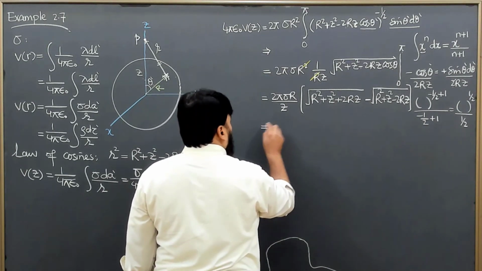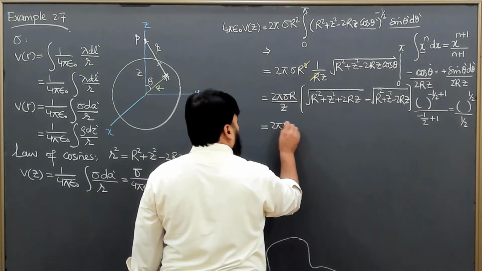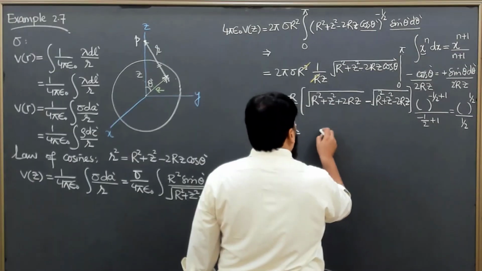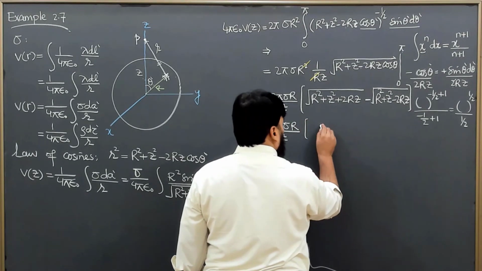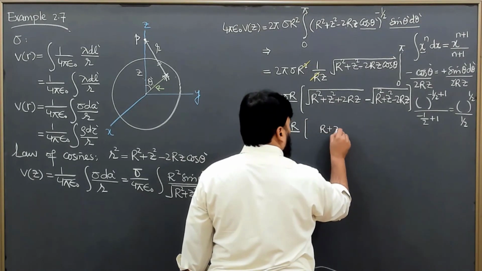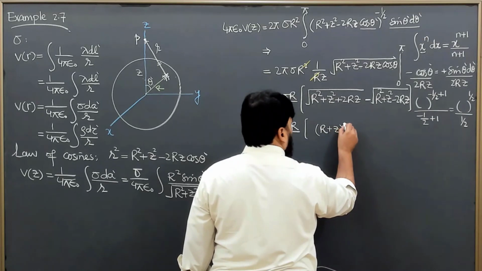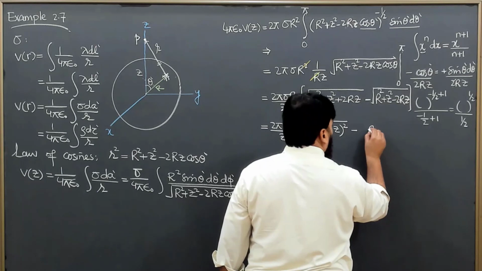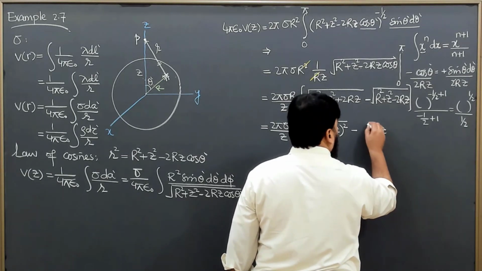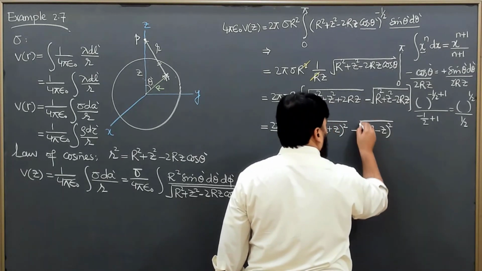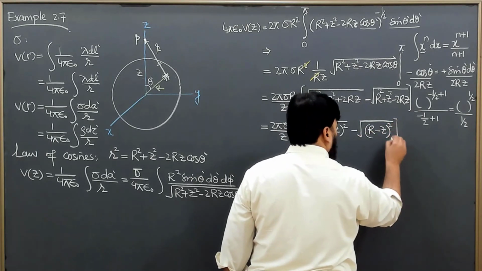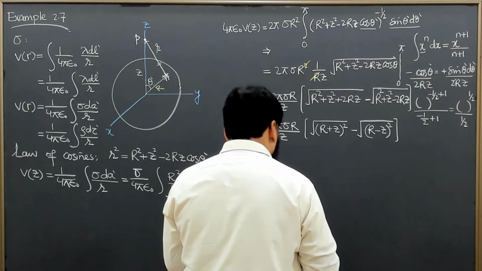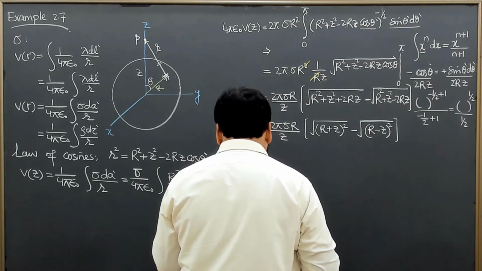This thing is further equal to 2 pi sigma R divided by Z. This thing I can write as the square root of (R plus Z) whole squared minus the square root of (R minus Z) whole squared. This thing is equal to this, and finally we will get this thing.